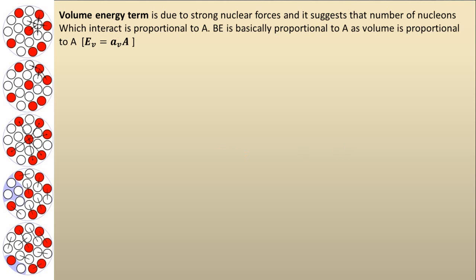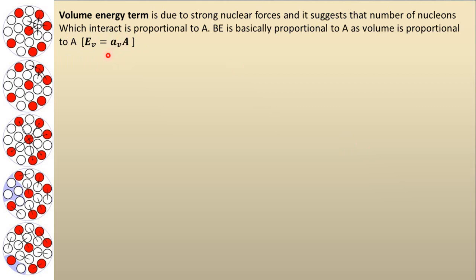There is a little deviation because the curve was not constant, so it's not directly proportional, but somehow we can say that the binding energy is proportional to atomic mass number A, and the constant of proportionality will be a_V.